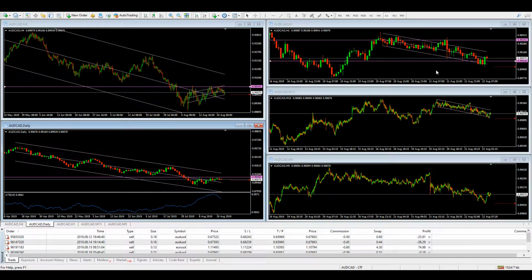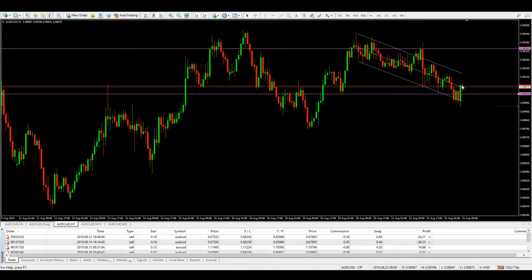But the kind of finessing on the entry on this is really just seeing a bit more confirmation on these lower time frames. So yeah, basically either seeing the candle close and move past the low here, or even if in the European session, if it continues to move higher, but then it interacts with our upper standard deviation channel and we see a reversal candle off of there, even better, because you'll have a better entry.